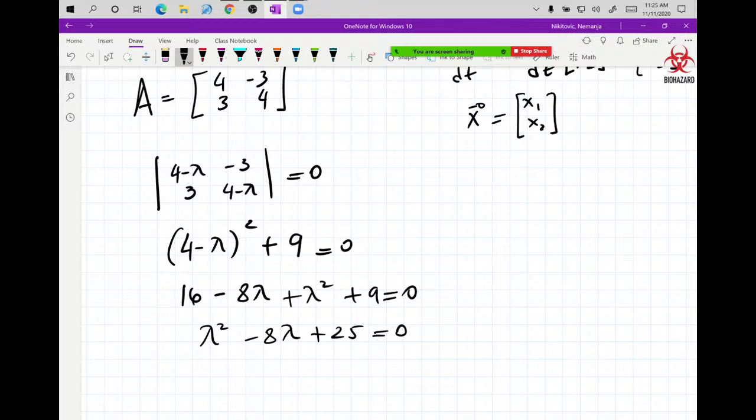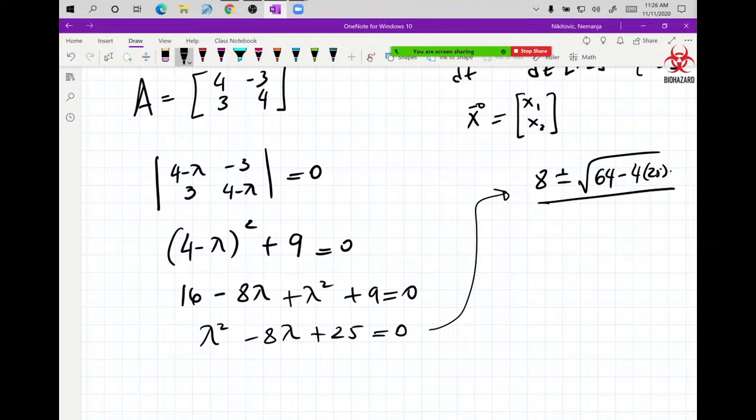Now, we are expecting the complex solution, so how about we just go and do the quadratic formula. Negative b plus minus the square root of b squared minus 4ac, divided by 2a. So that's 8 plus minus the square root of 64 minus 100, which is negative 36.